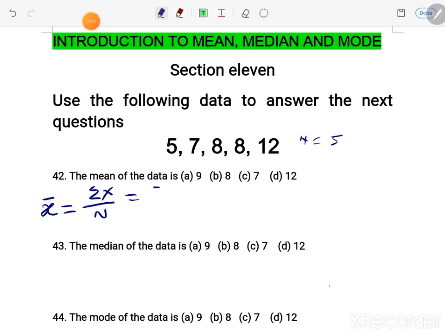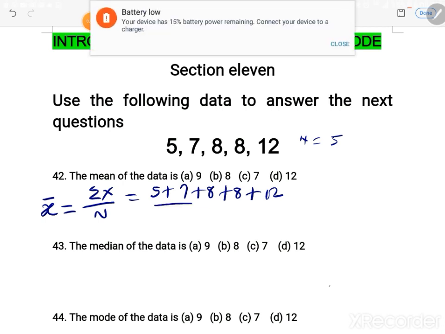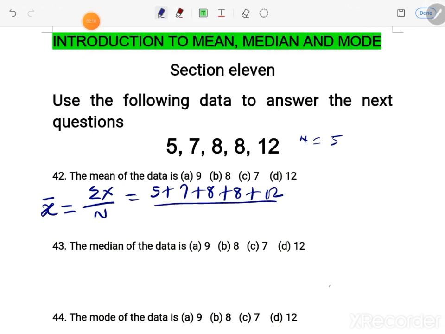When we add them, that is 5 plus 7 plus 8 plus 8 plus 12, and then we divide it by 5, which is the n. We have 40 over 5, and this will be equal to 8. Therefore, the mean of this distribution is equal to 8. So the correct answer is B.